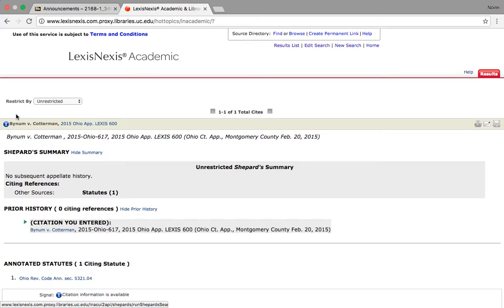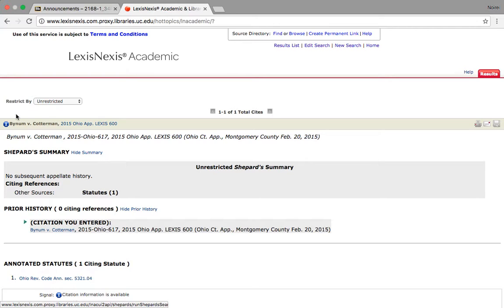Now remember, one portion is going to tell us about the treatment of the case, meaning when other cases were cited to this particular opinion, did they treat it in a positive manner? Did they treat it in a negative manner? Was it something that was more neutral?